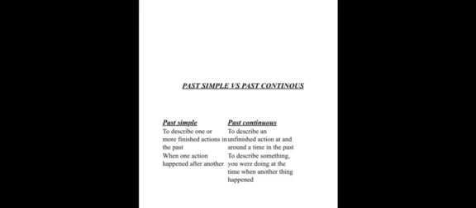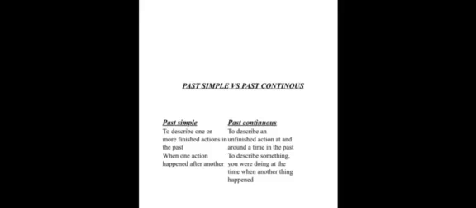So let's see now the differences between past simple and past continuous briefly, which means we are going to resume what we have been saying. Past simple is used to describe one or more finished actions in the past.